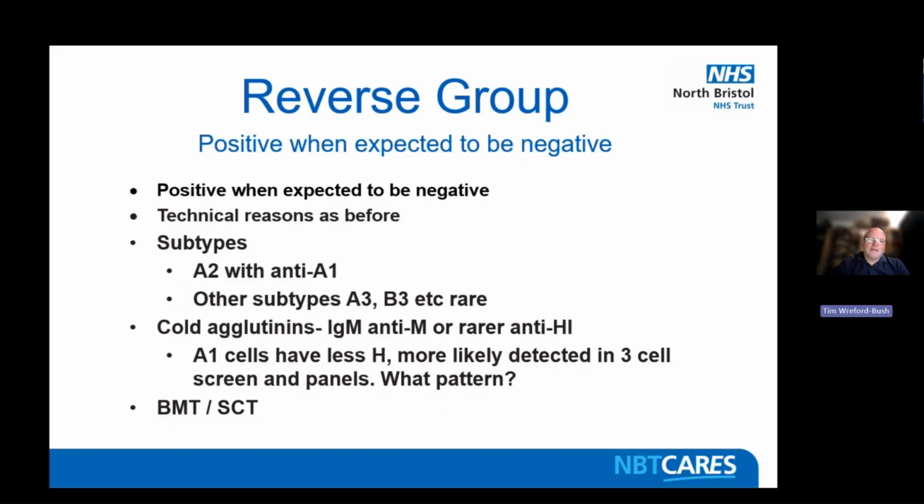Then you've got your bone marrow transplant and stem cell transplant. I remember a case back in the day. We had someone coming in for theatres, and the forward group was A, or was it B? I can't remember which one, but the reverse group was coming up positive with the A1 cells and the B cells. And we were doing all these tests. I couldn't figure it out. I said, this looks genuine.